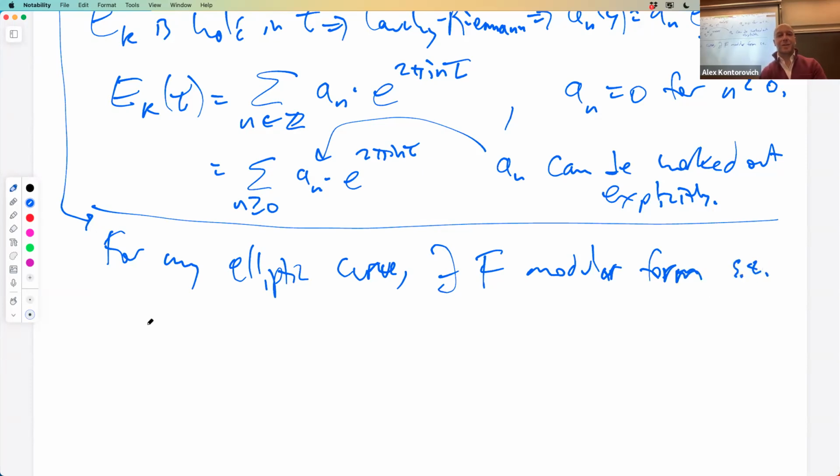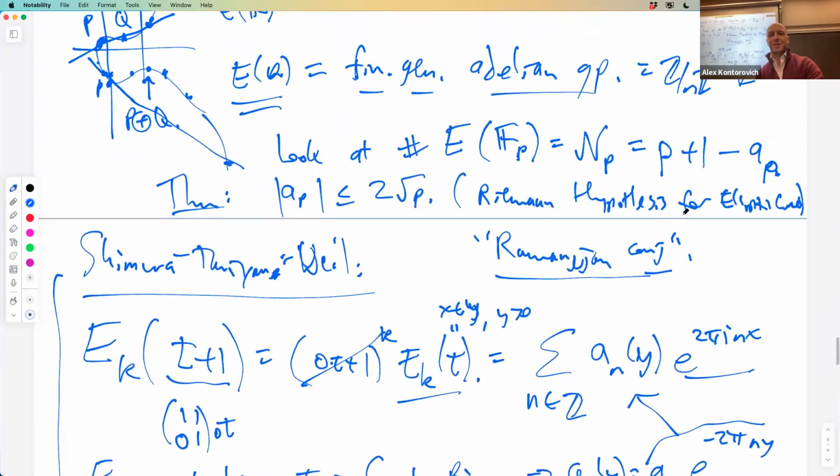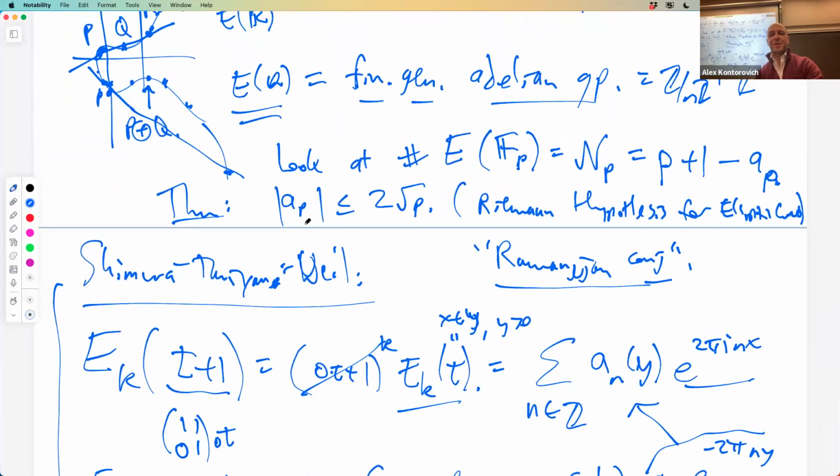such that the Fourier coefficients, or at least the p-th Fourier coefficients, a_p of F, are actually equal to the a_p's of the elliptic curve.